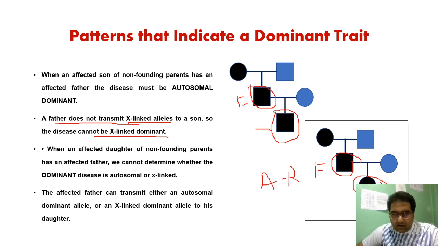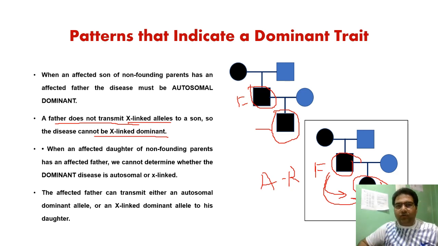Here the affected father can transmit either an autosomal dominant allele or an X-linked dominant allele to his daughter.